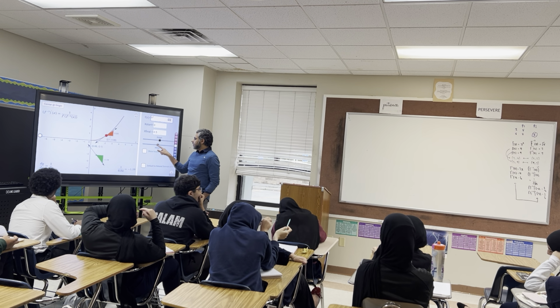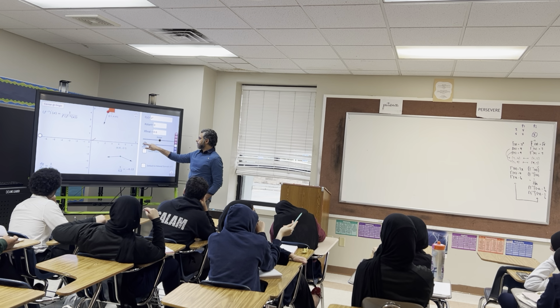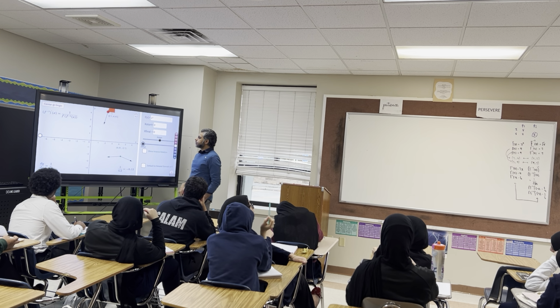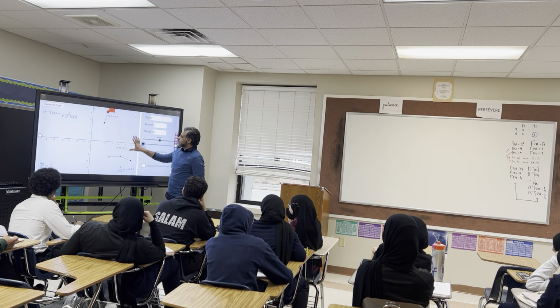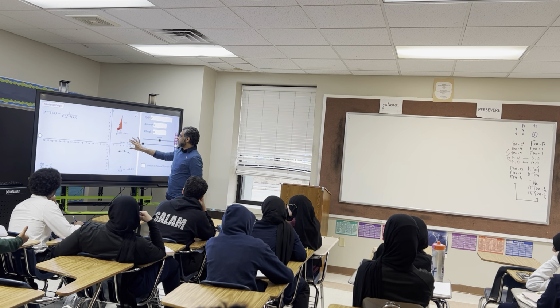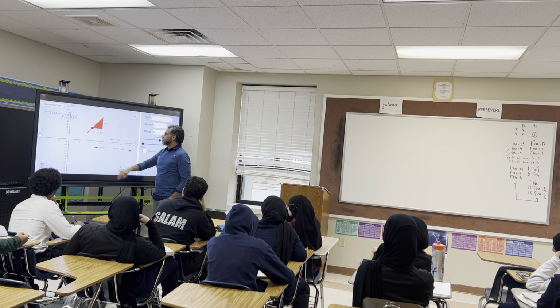All right, give me 1 second. Let me just move things back a little bit. This works a lot better on a computer, not on one of these boards, but we'll do the best we can, inshallah.